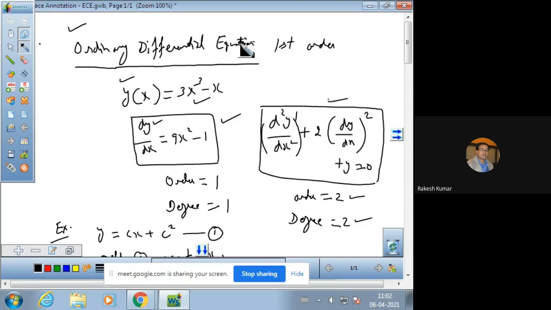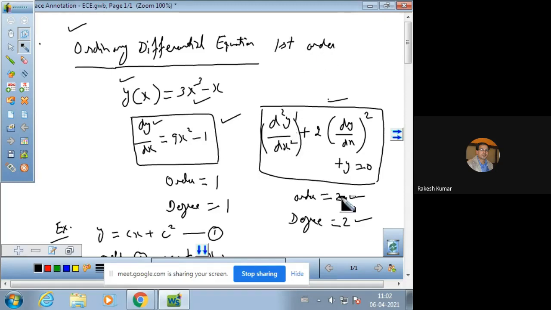Now, this is the ordinary differential equation of a first order because it contains a first order derivative. But in this differential equation, there is a double order derivative term. So that is why this equation is a differential equation of a second order, not first order.